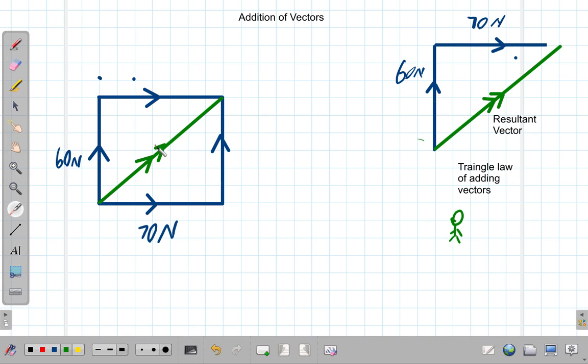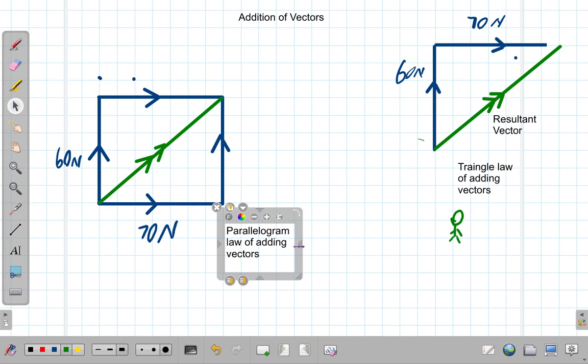And the shape that you have here is not a triangle anymore. It's really a parallelogram. And then the resultant is one of the diagonals of that parallelogram. Alright? So, this one now is the parallelogram law of adding vectors.